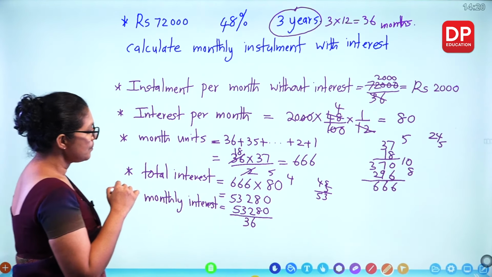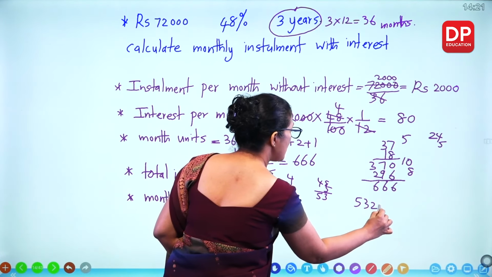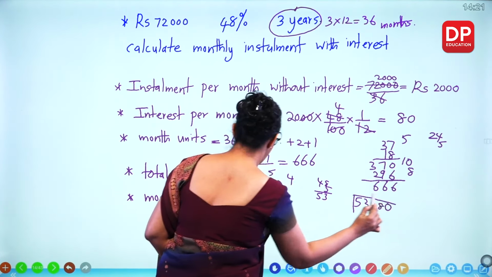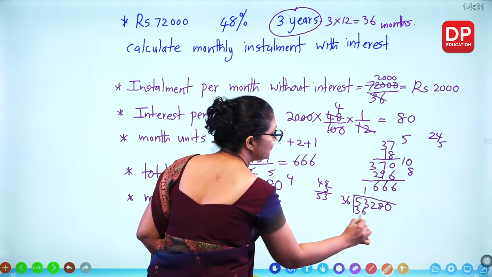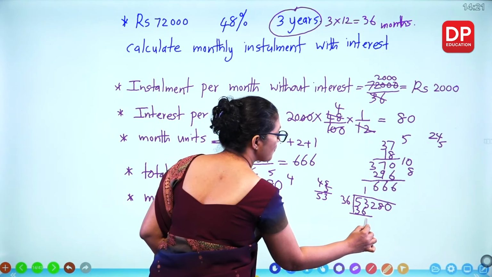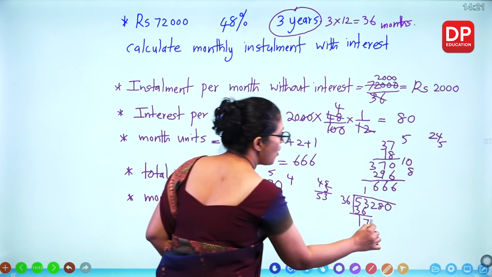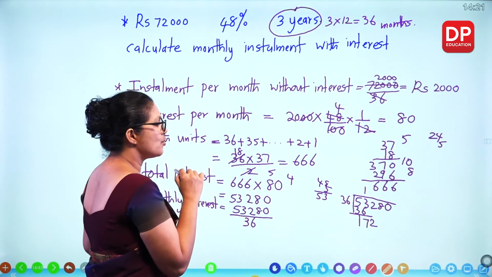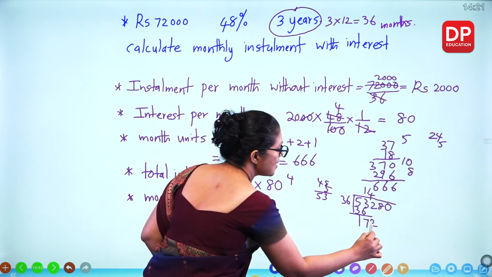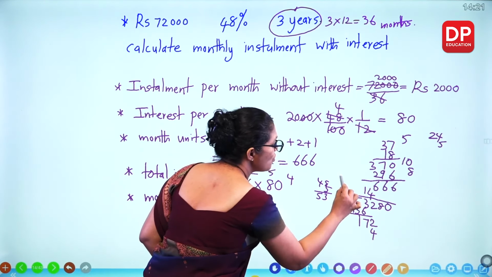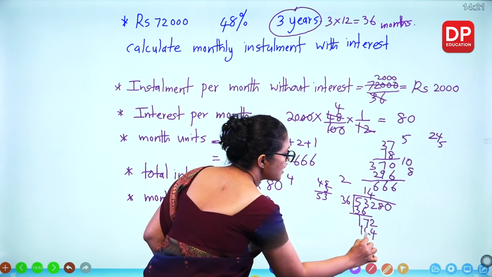Now divide and see. 53,280 divide by 36. 36 times 1, 17 remaining. 4 times 6, 24. 2 remaining. 4 times 3, 12. 12 plus 2, 14.